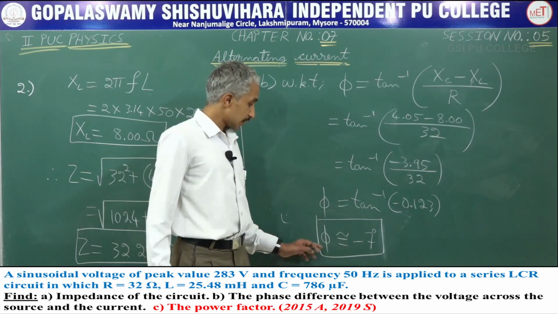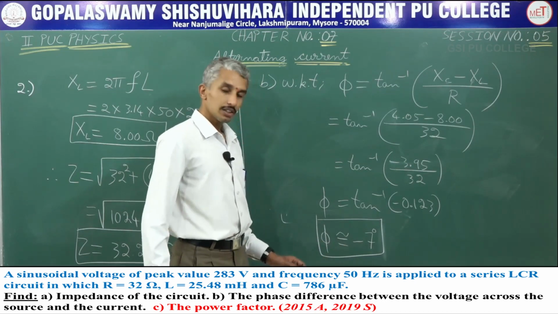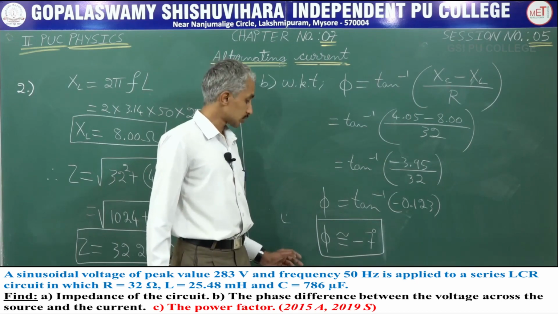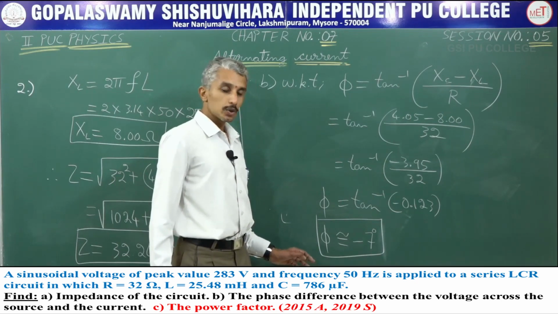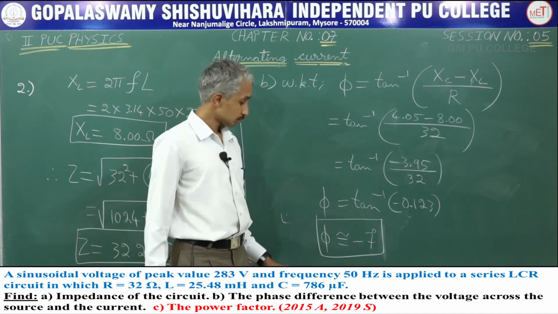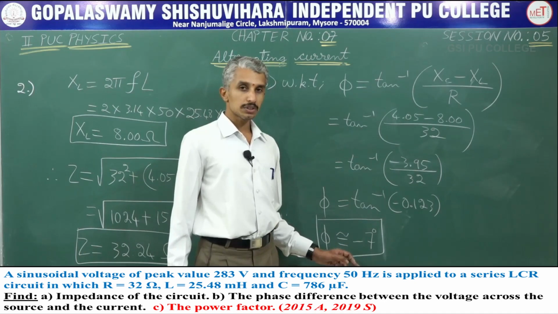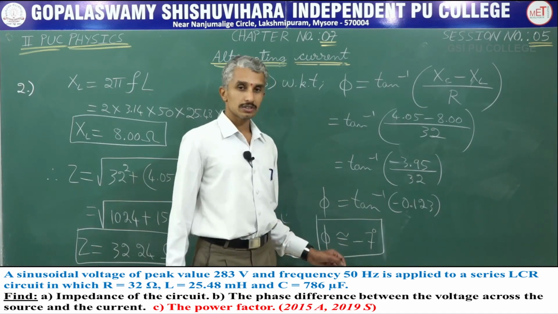By simply ending at finding the value as minus 7 degree, we may not finish the numerical, we will have to conclude in words. So what will we conclude on looking at the value of phi? If phi is negative, which means the current in the circuit lacks the voltage.